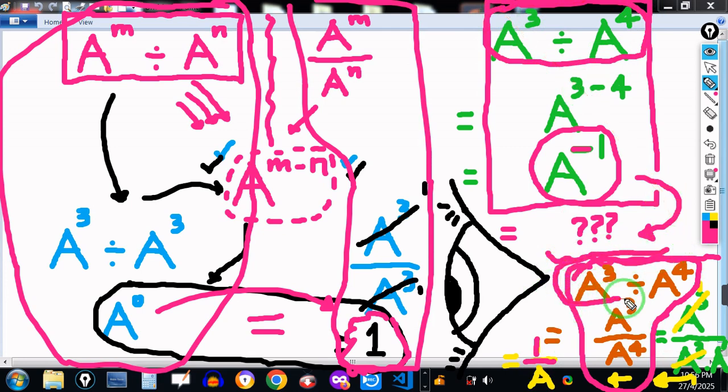Believe or not? Better believe. So a to the power 3, a to the power 3, divide a to the power 4, a to the power 4. So we came from the same original. That method using the minus came to this. This method using the division came to this.